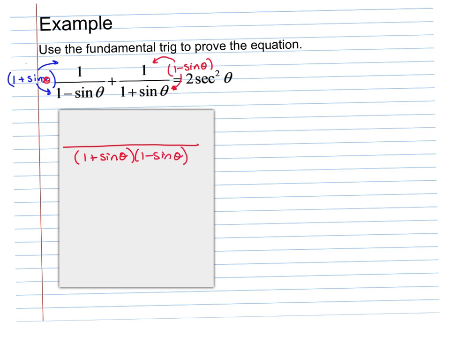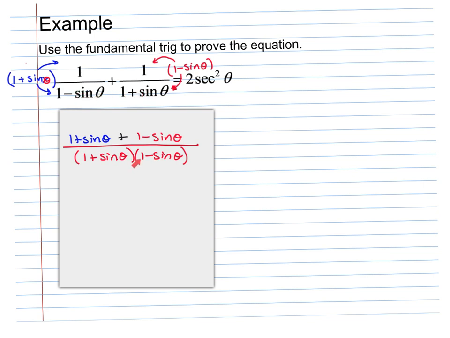And the top is going to be 1 plus sine theta plus the 1 minus sine theta, because all I did was go this number times this gave me this, that plus sign is that one, this one times this one gives me this, and my common denominator is basically these two being multiplied.